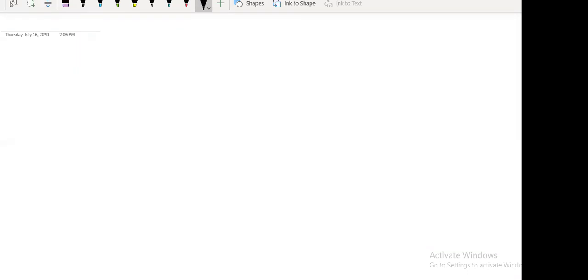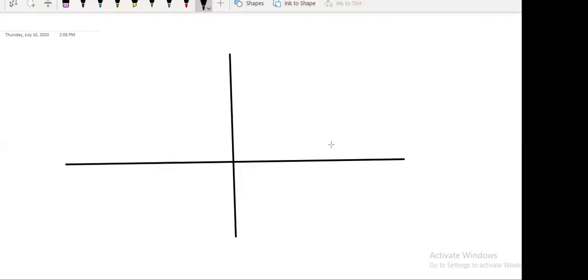Now, just tell me this. This is my vector. The starting point is origin, and the end point is this blue point.